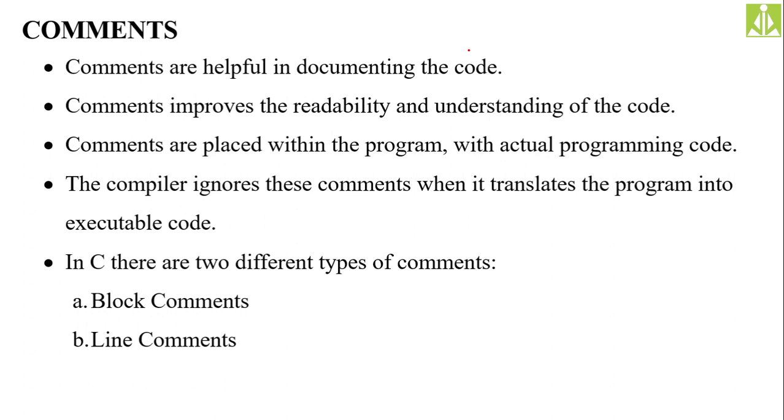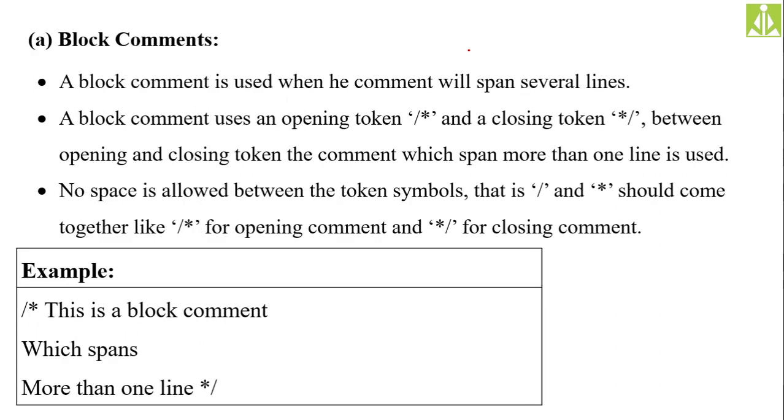The comments are of two types, block comments and line comments. Generally block comments will span more than one line, and line comments will span only one single line. Block comments mean you can put several lines of comments inside a block comment, and in order to do the block commenting, you have to use these two tokens.